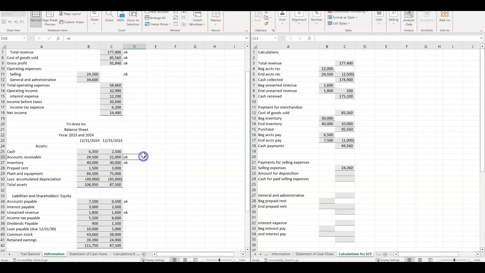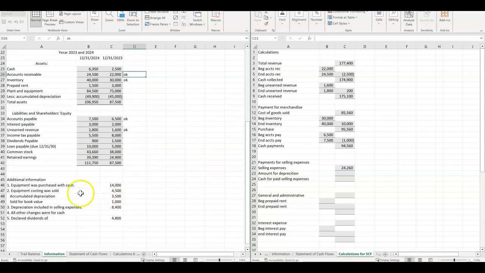Now we look down here, the additional information. There was something we had down here. Number 3, depreciation expense was included in the selling expenses of $8,400. Well, depreciation expense does not require any cash going out, so we want to subtract it off. So the cash that went out would be $15,860.